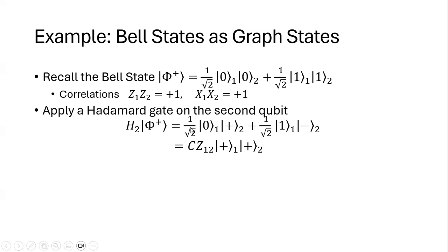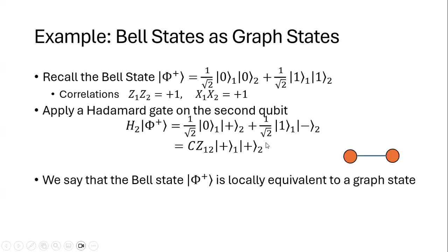And indeed, you can write this state as a CZ gate between the first and the second qubits, where each of your qubits are prepared in the plus state, right? And this is very simple algebra. You can test it out yourself, and you can indeed verify that you can write this state in this form. But this form, as we saw, is a graph state, right? So we saw that this is a graph state where you have two qubits, each is prepared in the plus state, and there's just one CZ operation happening between them, right?